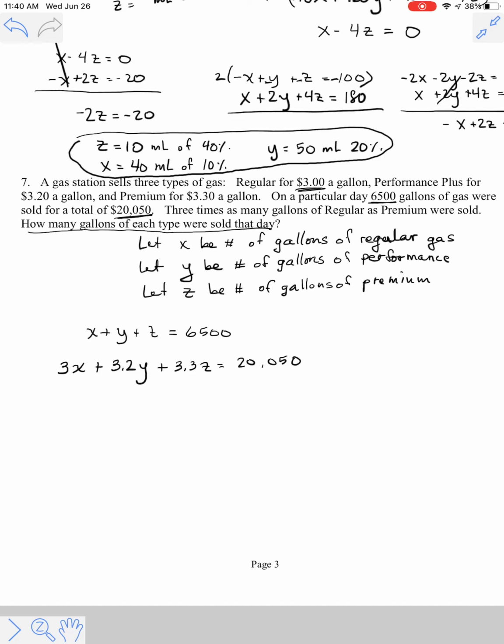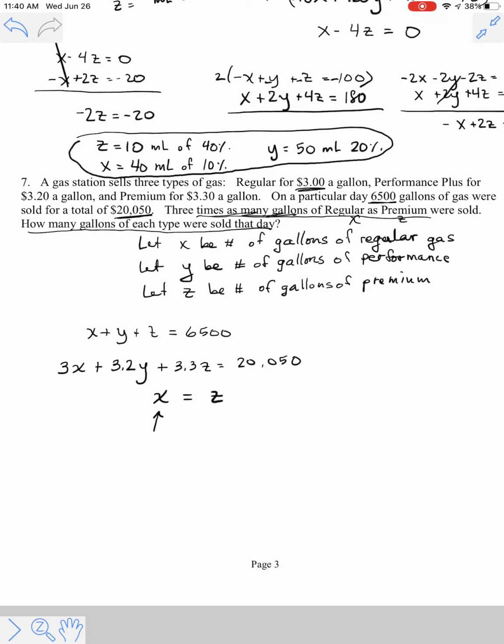And here we have a similar situation as from question 6. We've got this semi-confusing statement here. There's 3 times as many gallons of regular, which is my x variable, and then premium. So I know it's going to involve x and z. And because I need an equation, there's got to be an equal sign here, but the number of gallons of regular is not equal to the number of gallons of premium. It says there is 3 times as many gallons of regular.